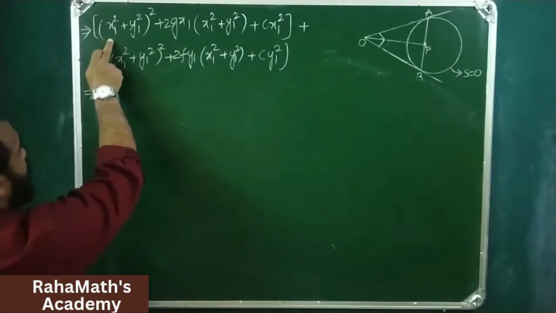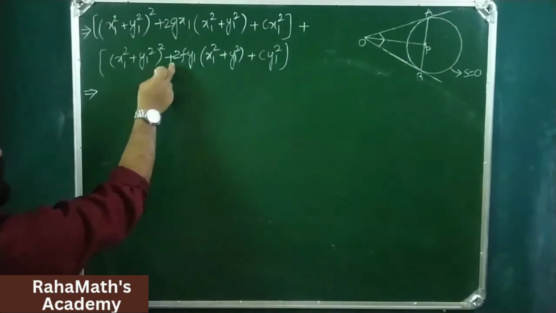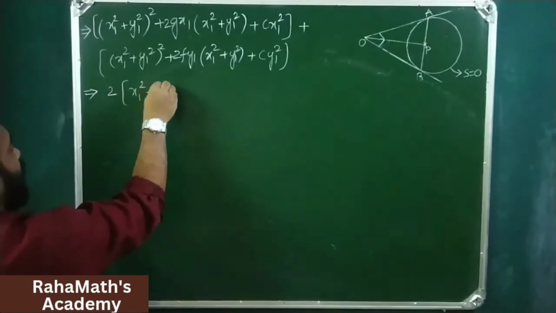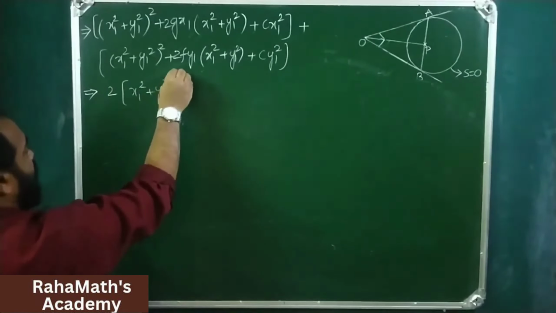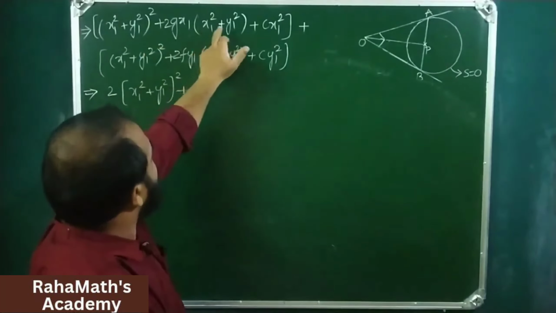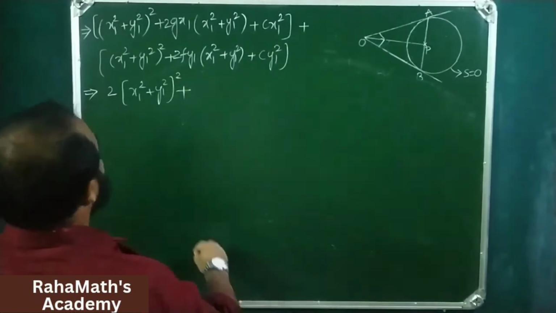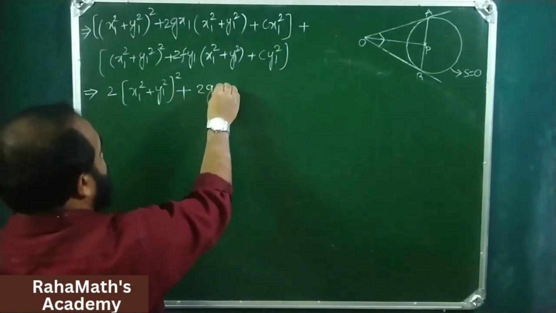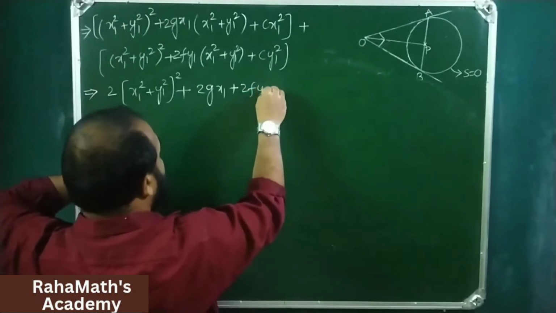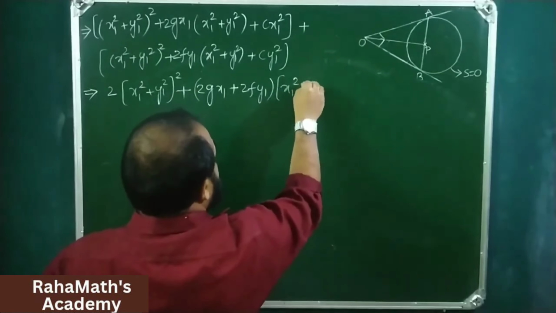Now x1 square plus y1 square whole square plus x1 square plus y1 square whole square is 2 into x1 square plus y1 square whole square plus 2gx1 into x1 square plus y1 square, 2fy1 into x1 square plus y1 square. So 2gx1 plus 2fy1 into x1 square plus y1 square.